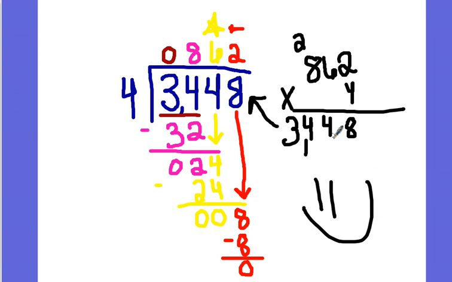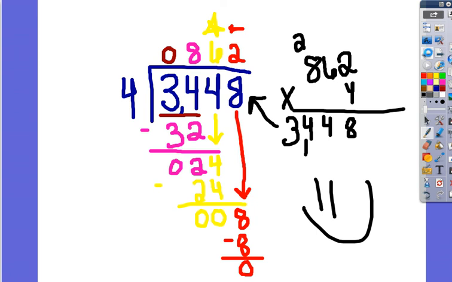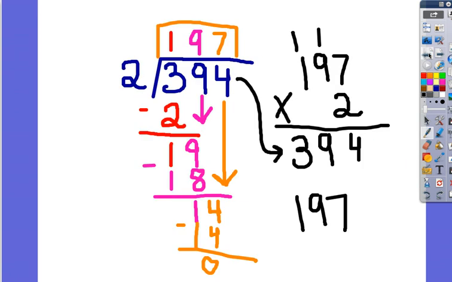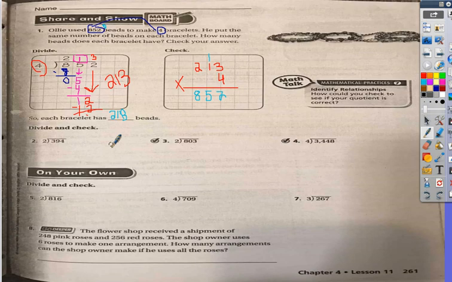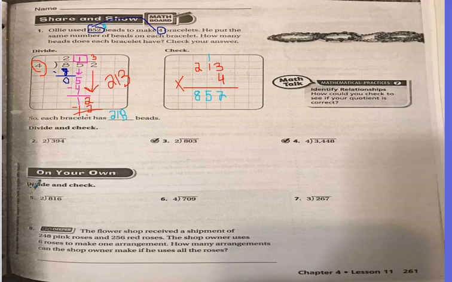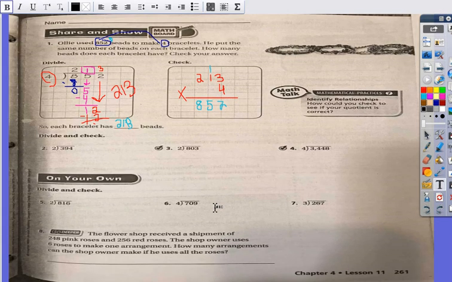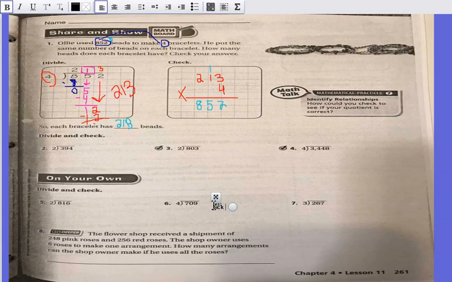Alright, here's what I want you to do. I want you to get a little bit more practice in because there's a lot of steps that go with these. So we just did 2 through 4. I want you to pick 2 out of 5 through 7.